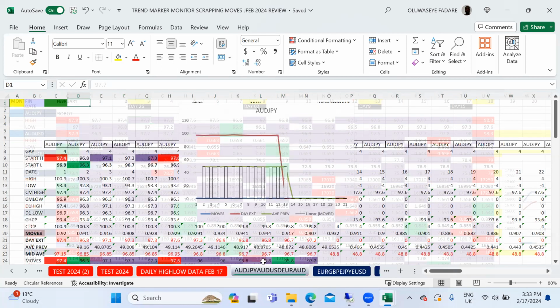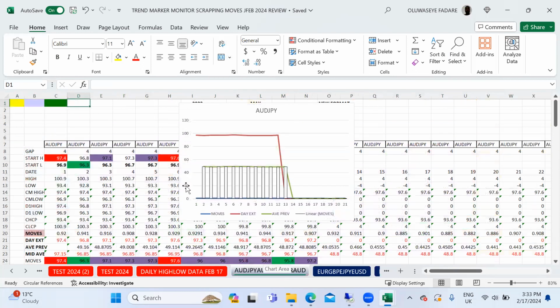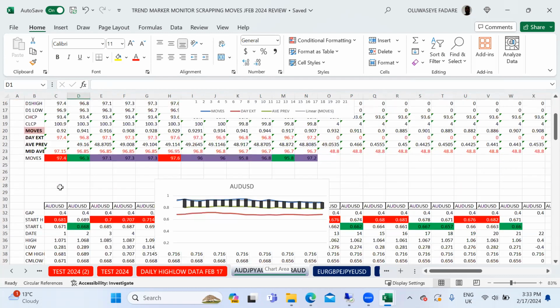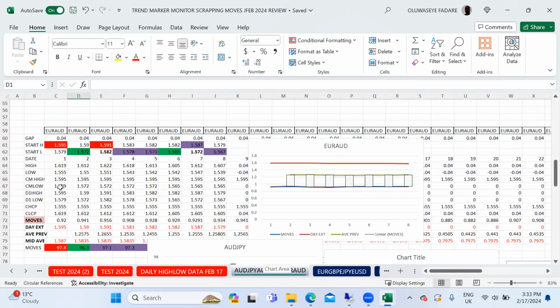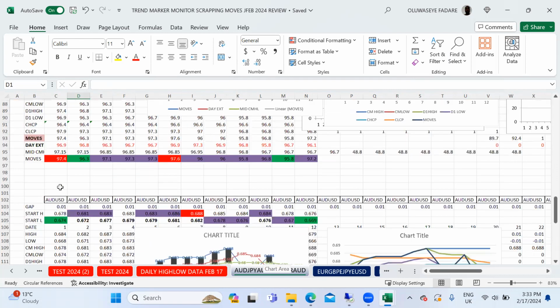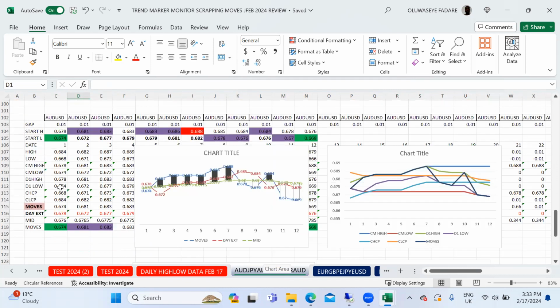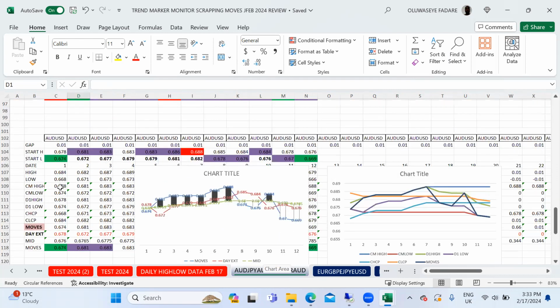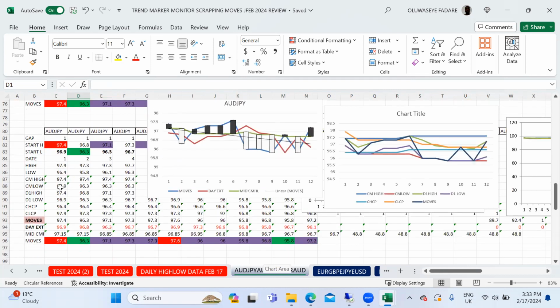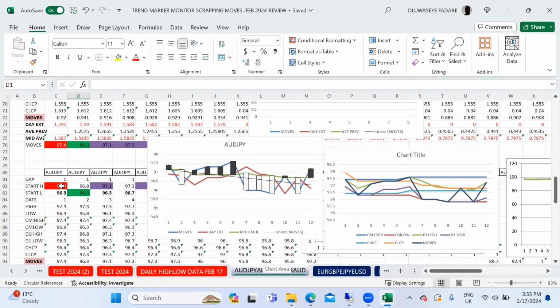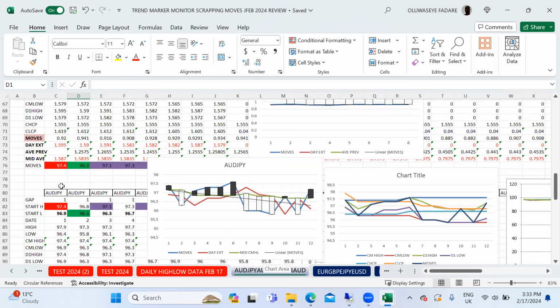Now, this is a monthly template. We have the monthly and we have the yearly.